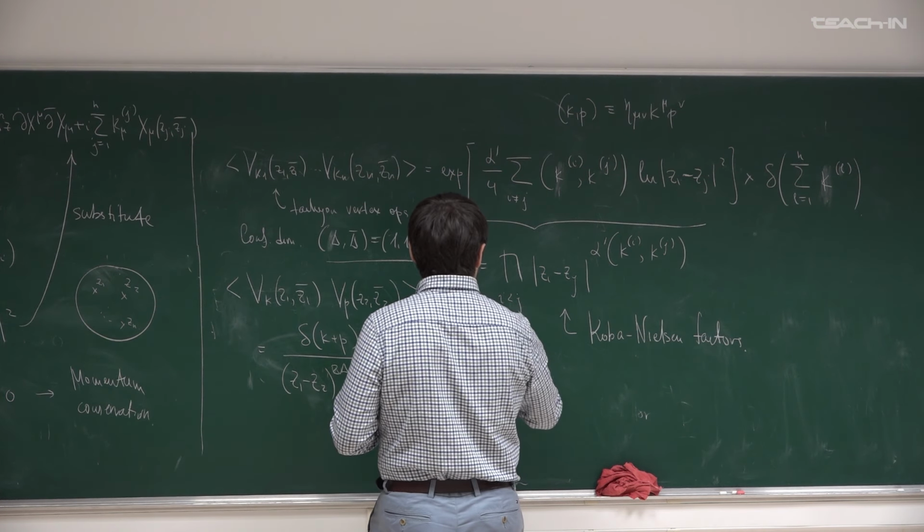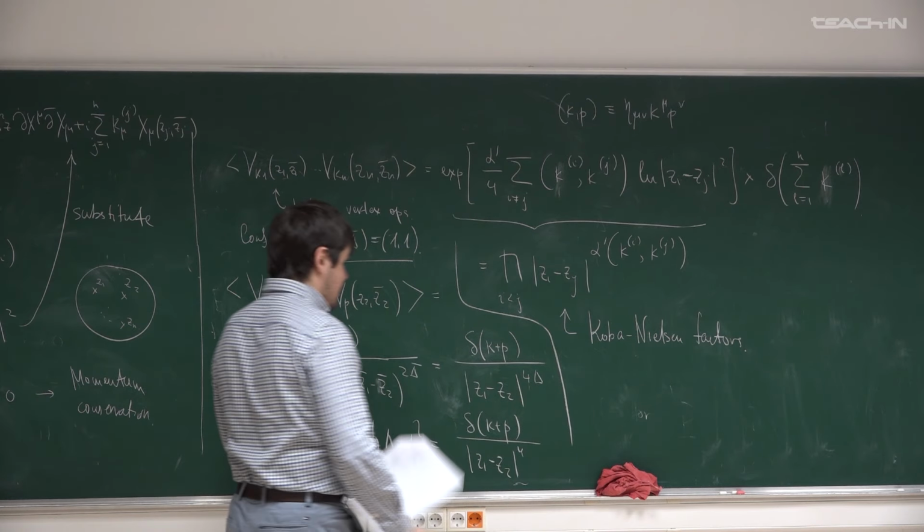And in particular, if delta is 1, these operators have dimension 1, 1, if this is z1 minus z2 to the 4th power.